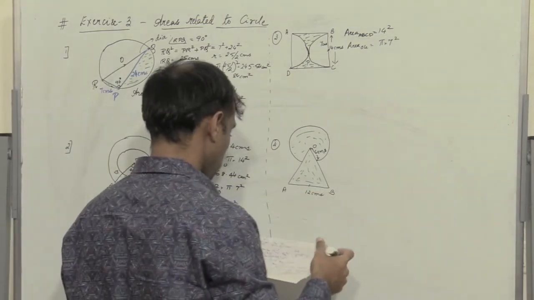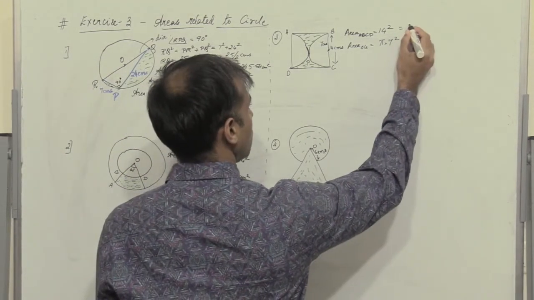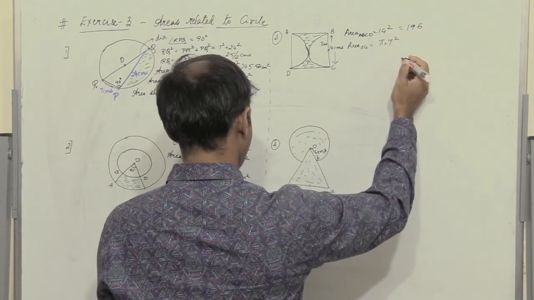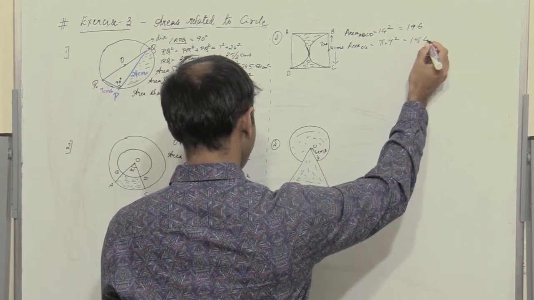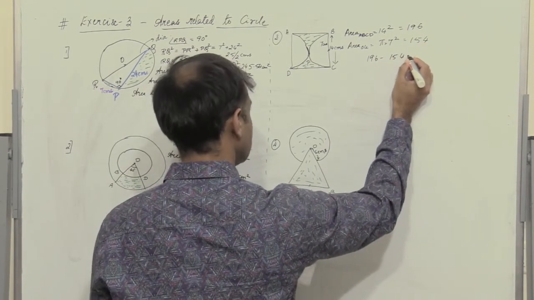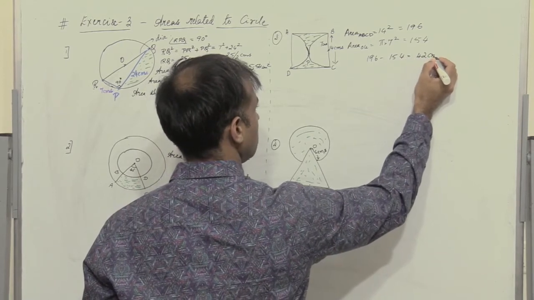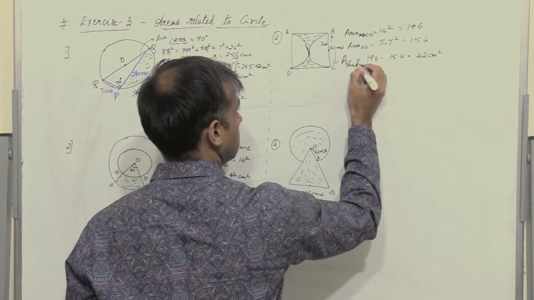Right? So therefore we get the value as, so this is 196 and this is 154. So 196 minus 154 gives a value of 42 centimeters square. So this is the area of the shaded region.